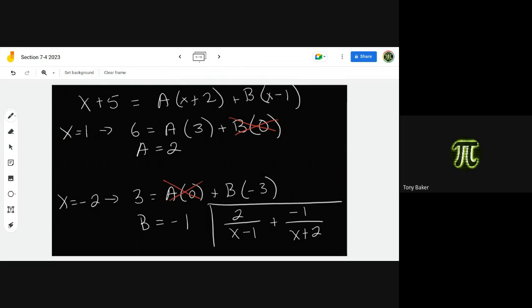Okay. And then we can just do the integration of those, which we've already done. So I don't have to redo that one. And actually, believe it or not, that's the partial fractions method. The problems get a little more complicated, a few more steps in there, but that's in essence the entire theme of it.